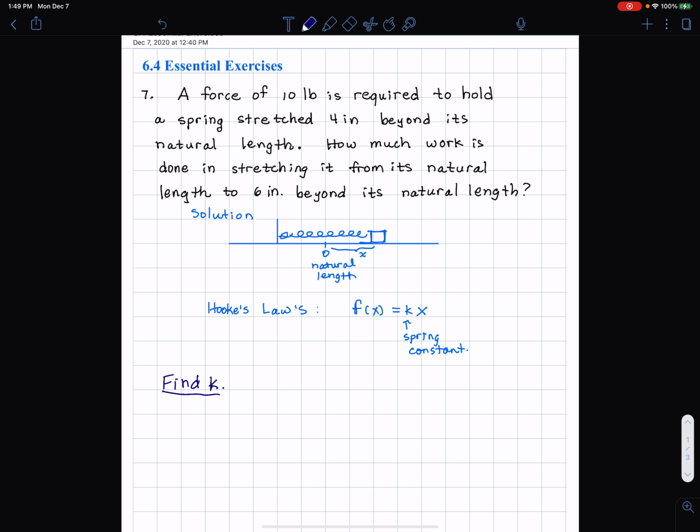Now what we're saying here is that a force of 10 pounds is required to hold a spring stretched 4 inches beyond its natural length.